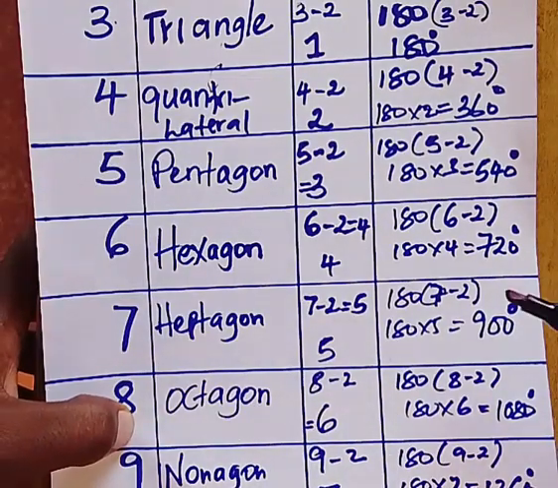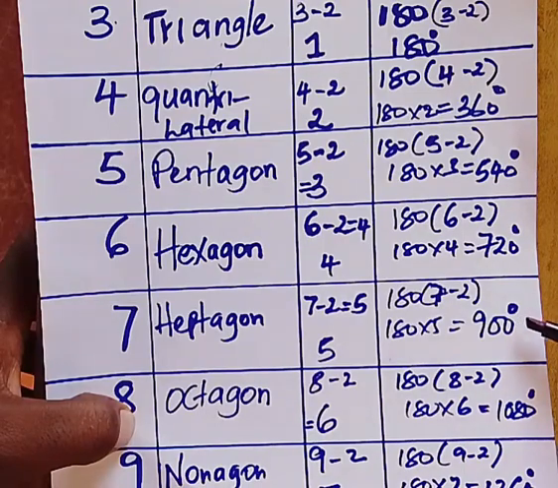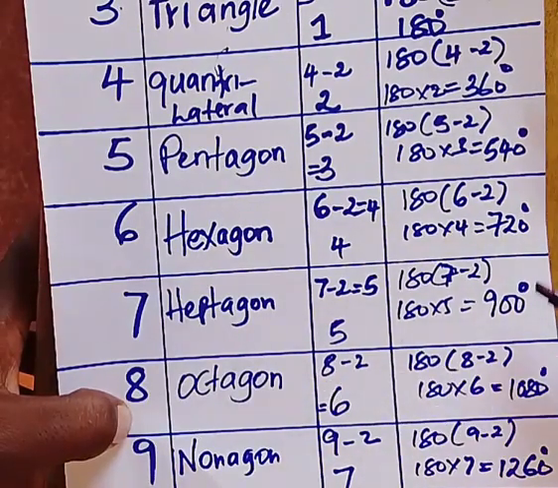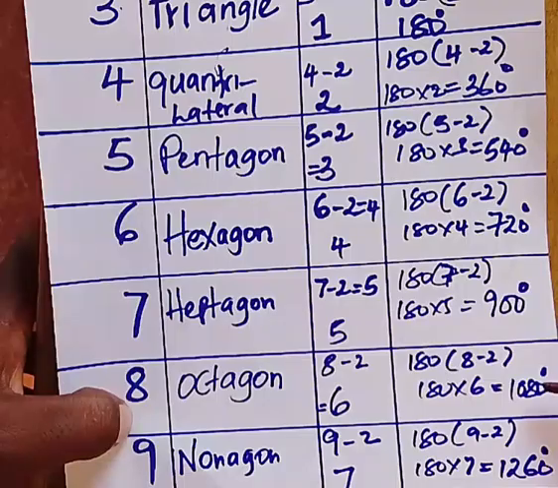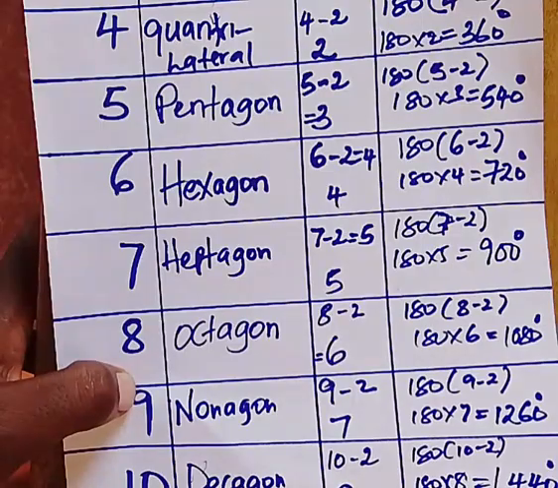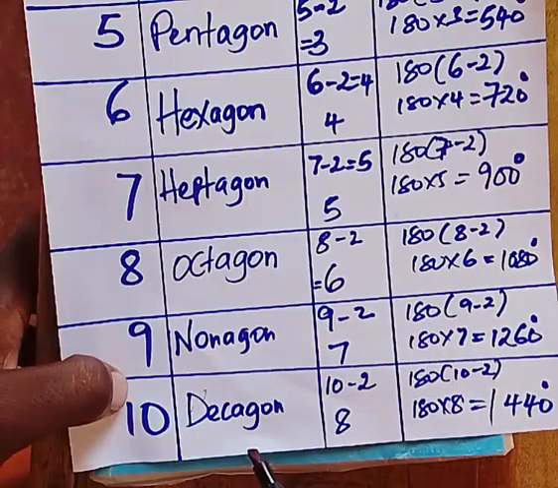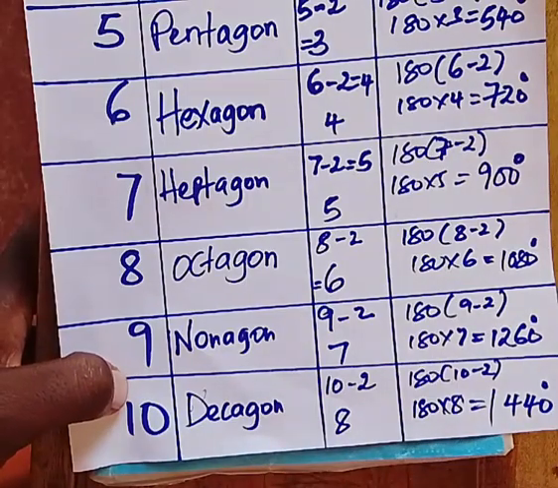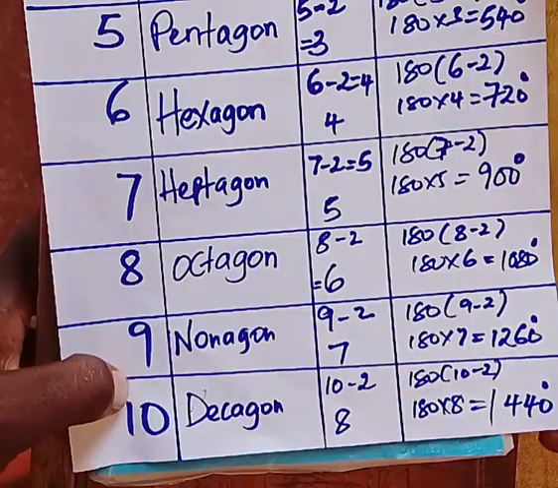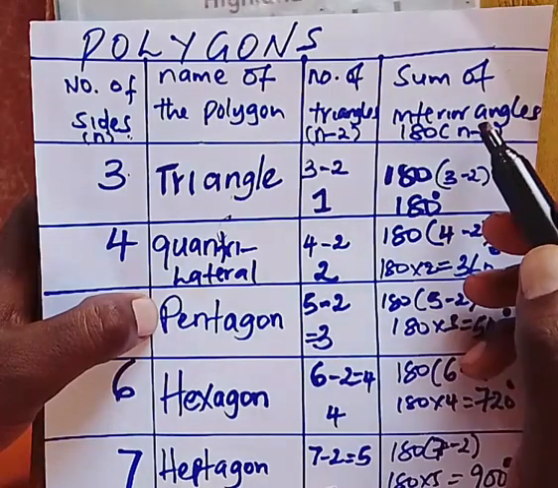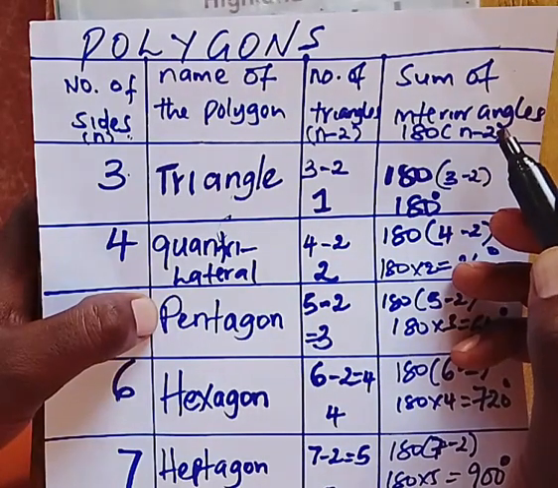Then a seven-sided polygon is called a heptagon with 900 degrees. Then eight-sided is called an octagon with 1080 degrees. Then a nine-sided one is called a nonagon, which has 1260 degrees. And the last one that we will look at is the decagon with 1440 degrees. These formulas are very important for the number of triangles and the sum of the interior angles.